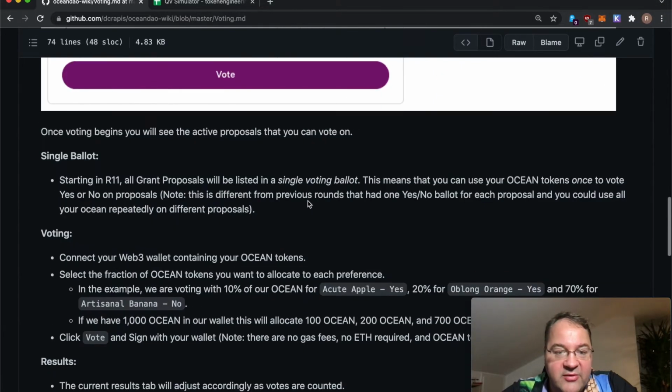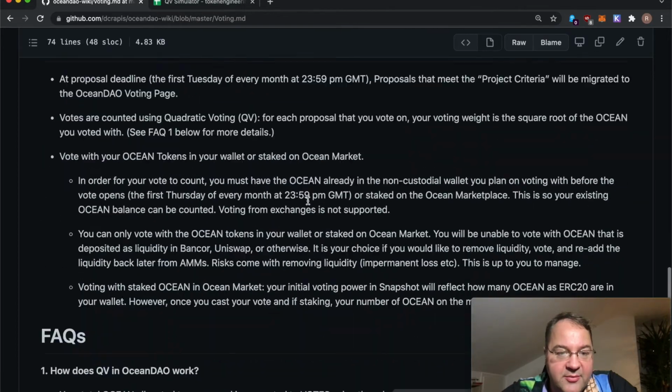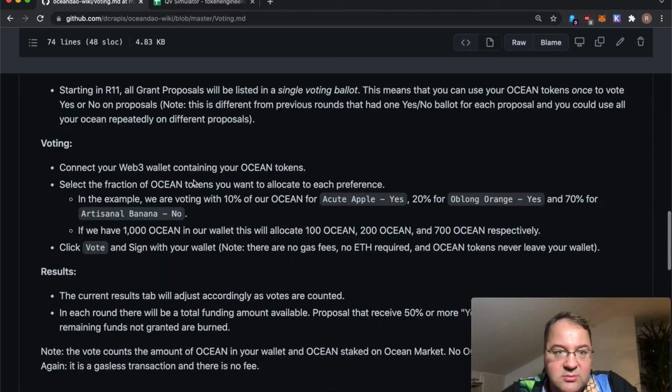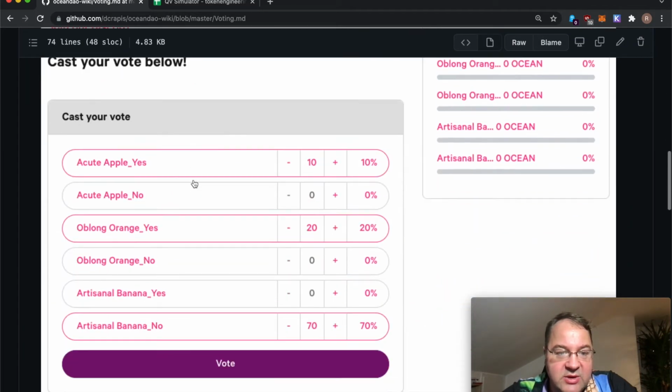So what's this quadratic voting about? Quadratic voting means that a square root is taken. Let's say you have 300 votes.